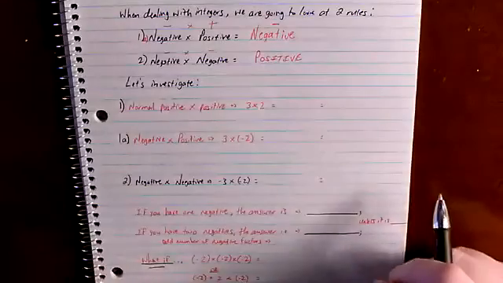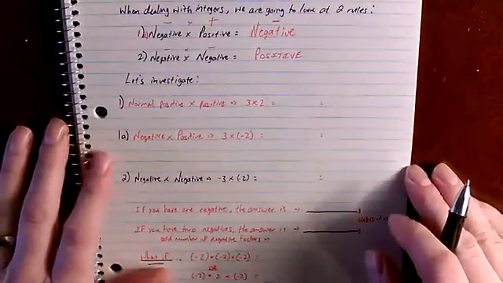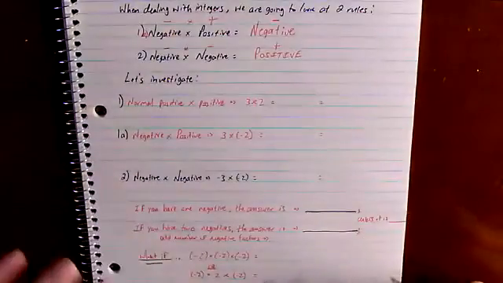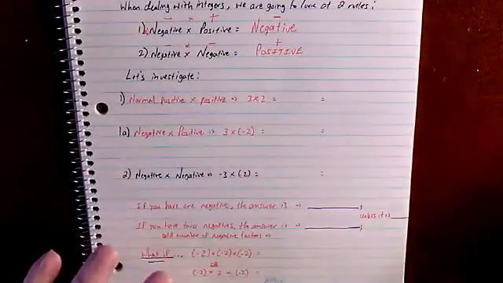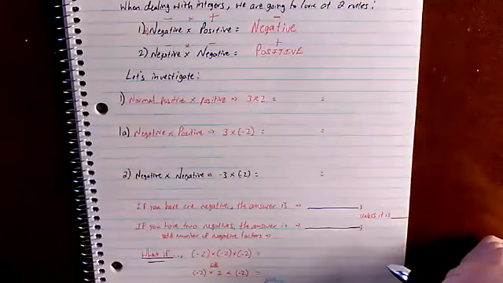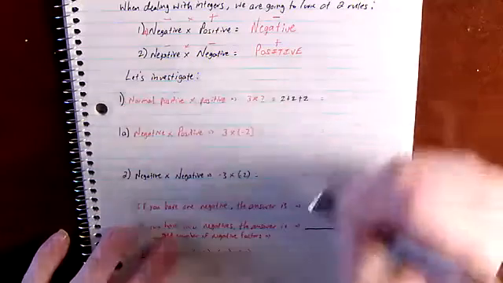And you're probably asking me, Mr. Wickham, how in the world do I get a positive from two negatives? Well, let's take a look. Let's investigate. Here's the normal positive times a positive. 3 times 2 is basically like saying I have three groups of 2. So 2 plus 2 plus 2.